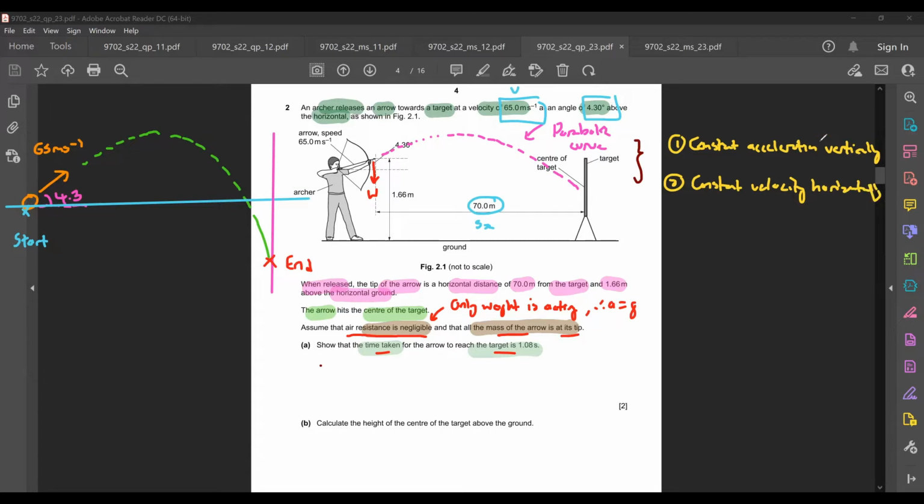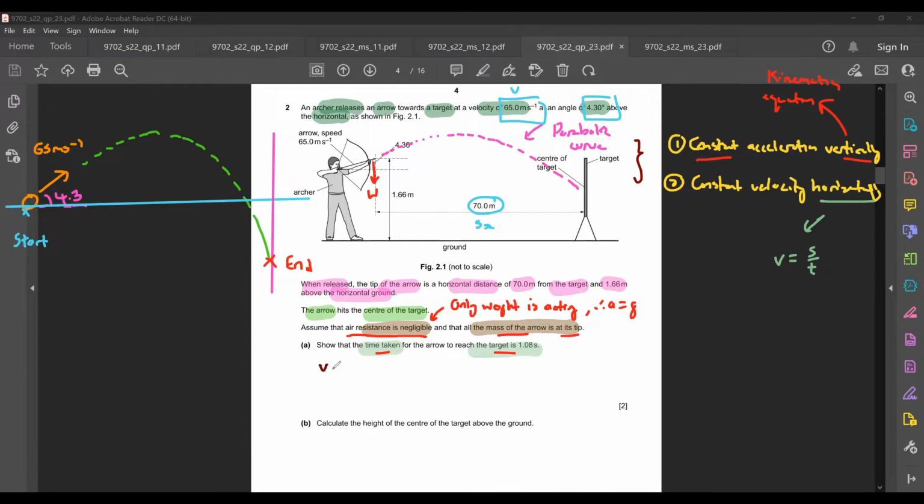When you consider motion vertically, you're supposed to use the kinematics equations because you have constant acceleration here. But when you're talking about the horizontal motion, you don't use your kinematics equations. Instead, you just use v equals s over t. That's what you're trying to use here.